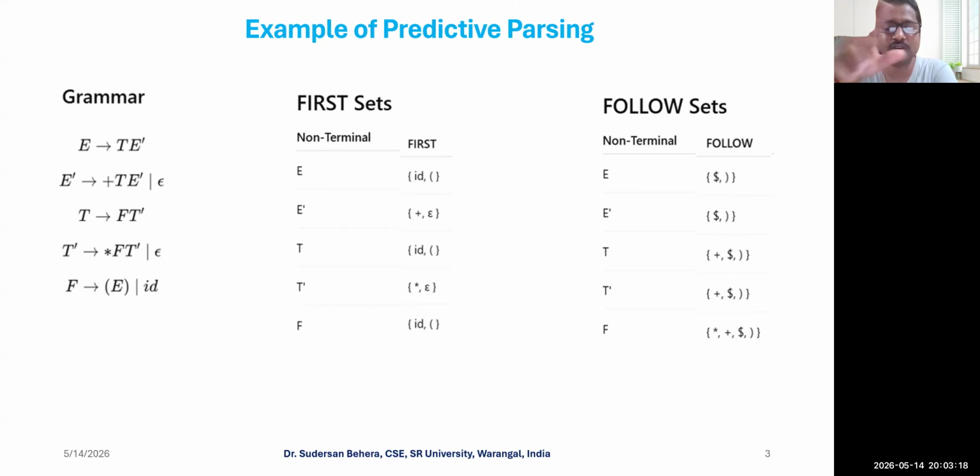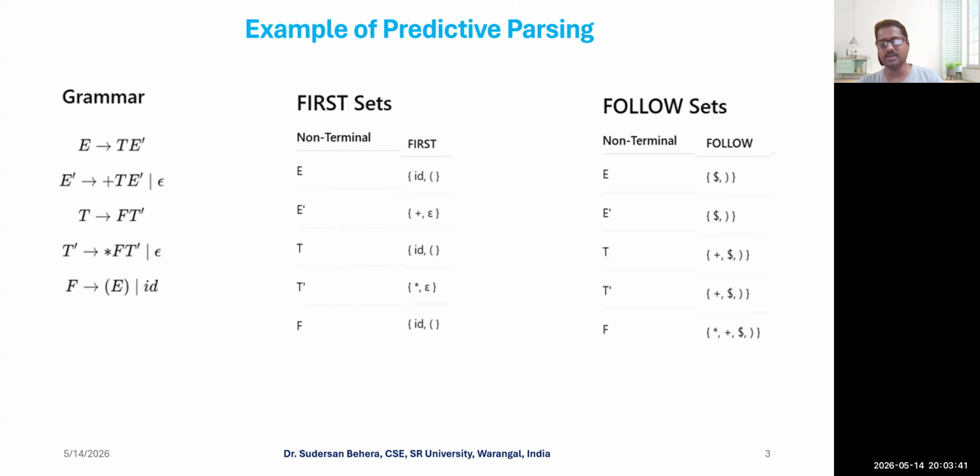E dash derives plus T E dash or epsilon. In plus T E dash, the first symbol appearing is a terminal, that is plus. Then in E dash derives epsilon, epsilon is a null string, that is also a terminal. So here the first of E dash is plus, epsilon.